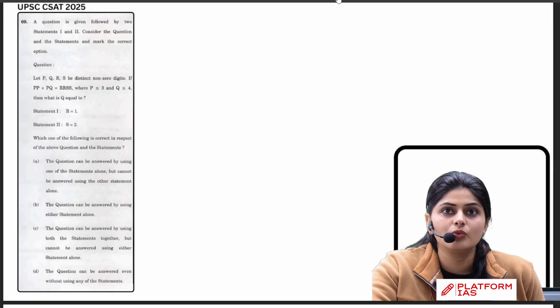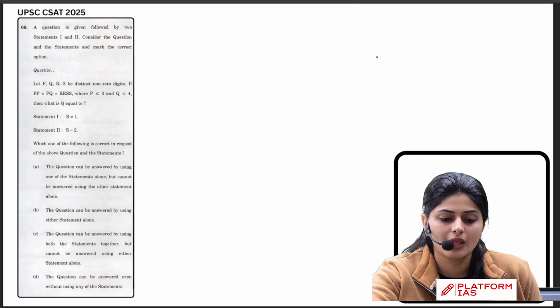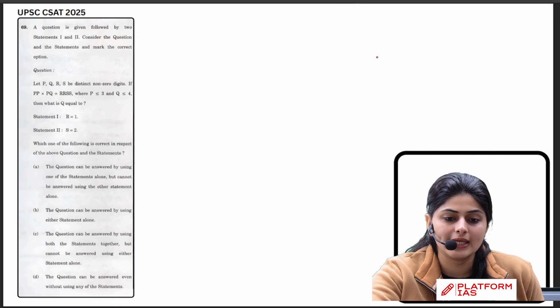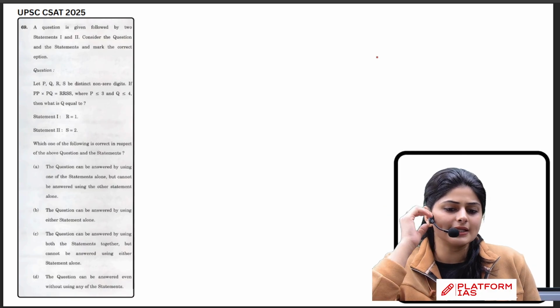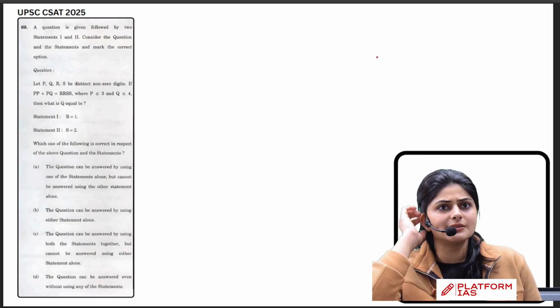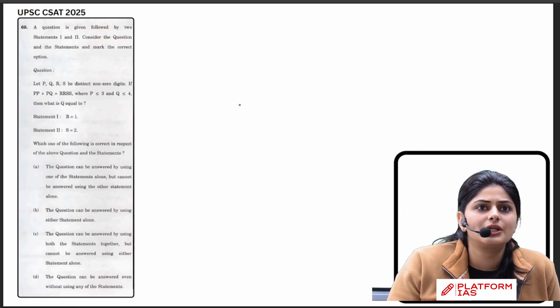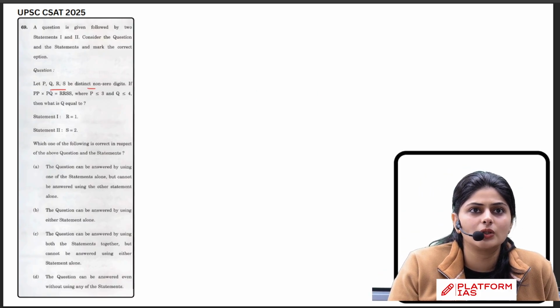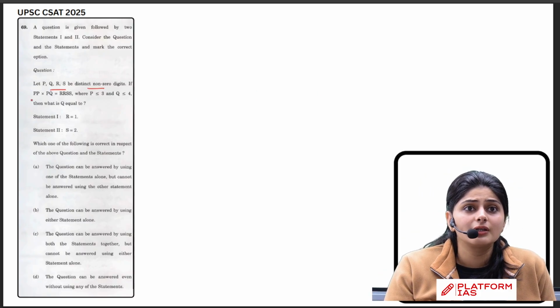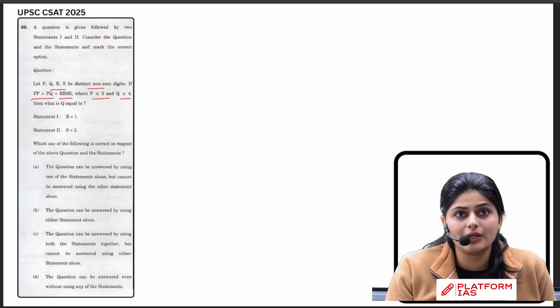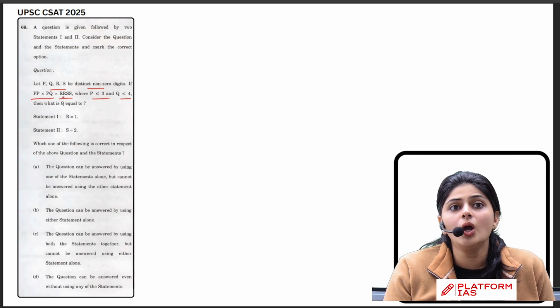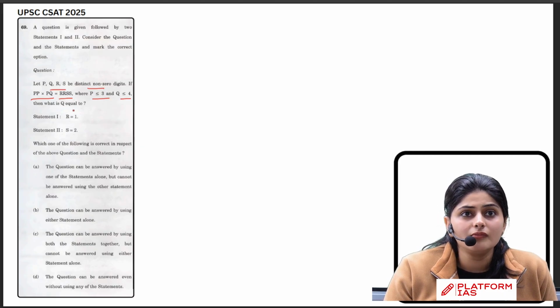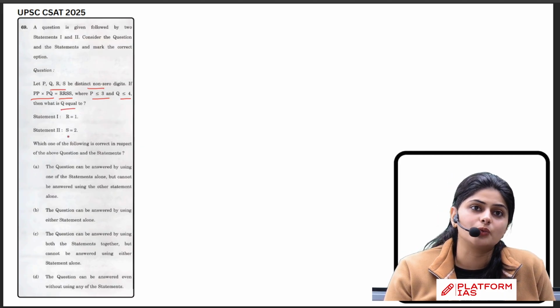Okay, now moving to the next one. What does the question say? It says there is a set of questions. Let P, Q, R, S be distinct non-zero digits. If this product is equal to RRSS, and the values of P and Q are given, then what does Q equal?